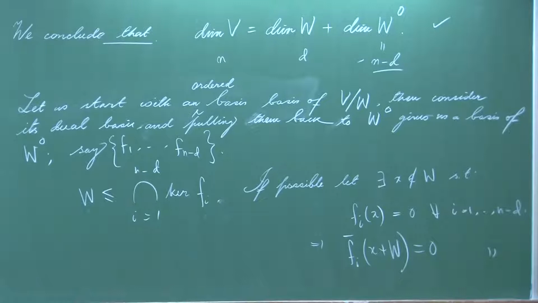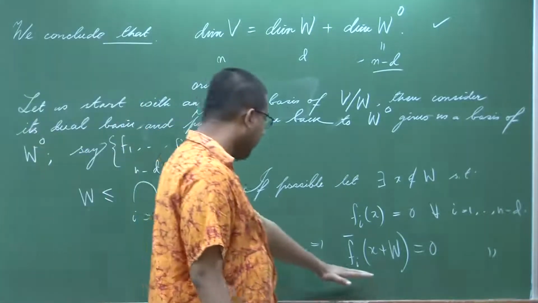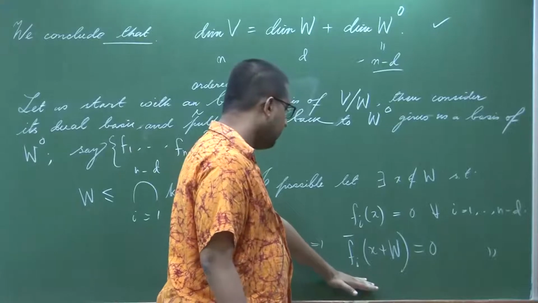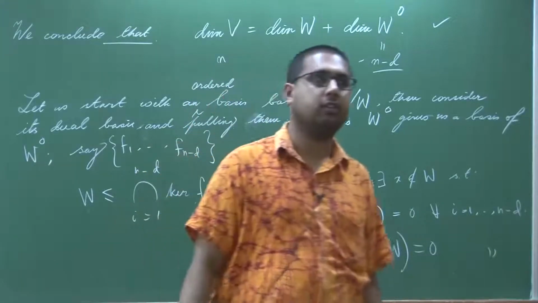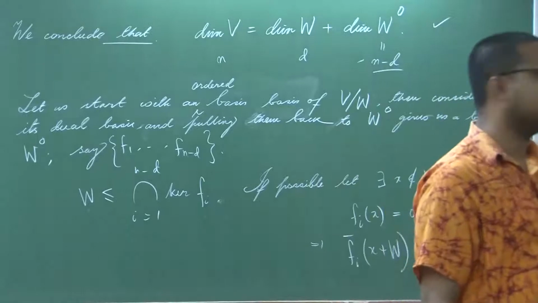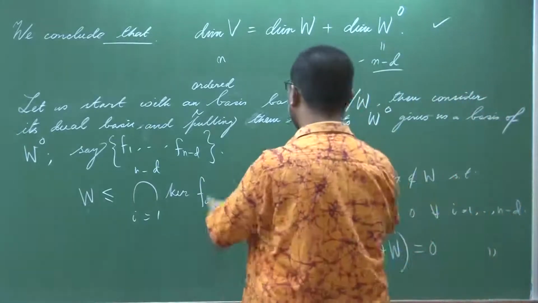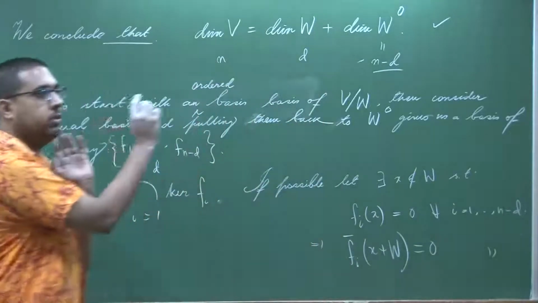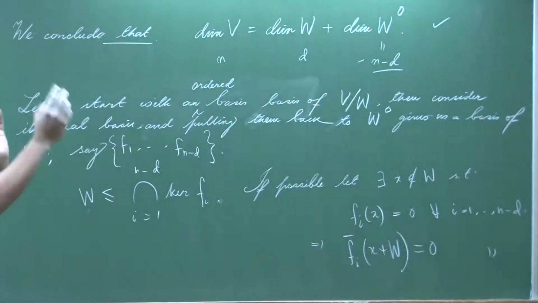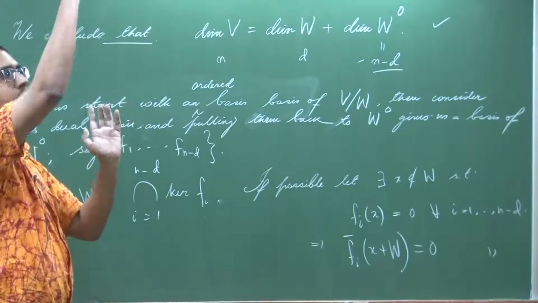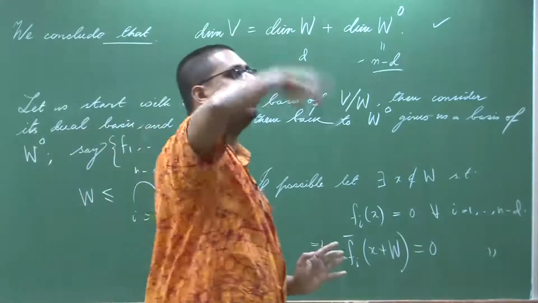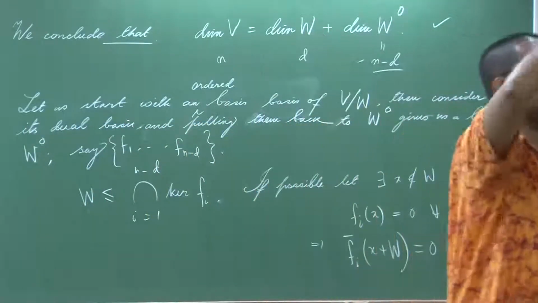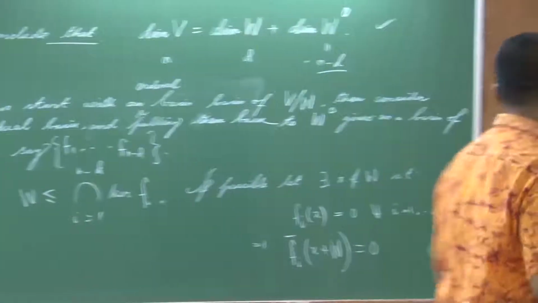So try to understand what the fi bars are. The fi bars are the coordinate functions with respect to some ordered basis of V mod W, right. First we started with the ordered basis of V mod W, then took the dual basis, and the elements of the dual basis are just the coordinate functions with respect to that ordered basis, then we pull them back.